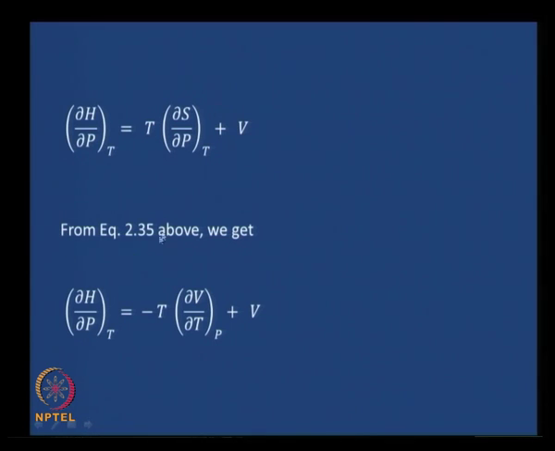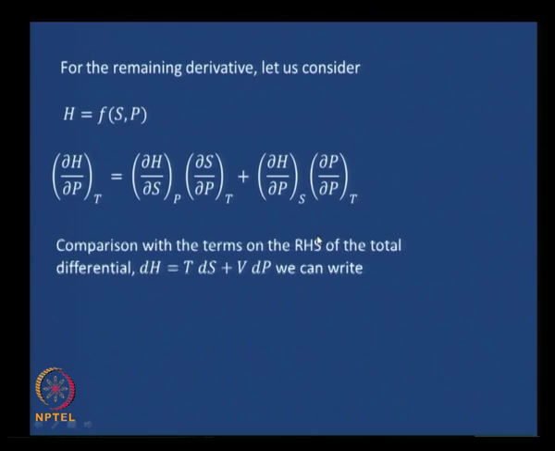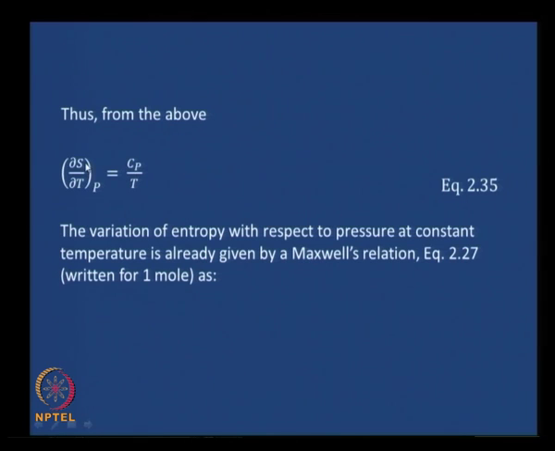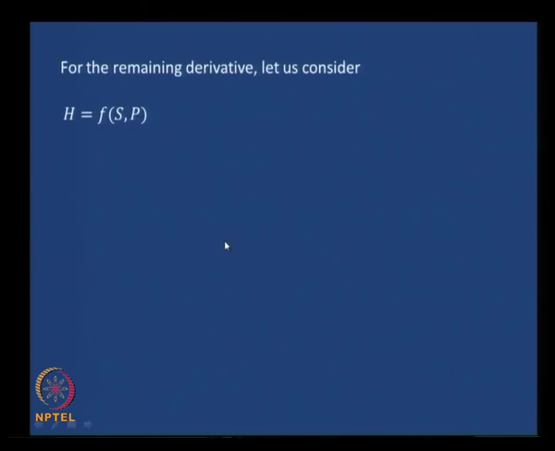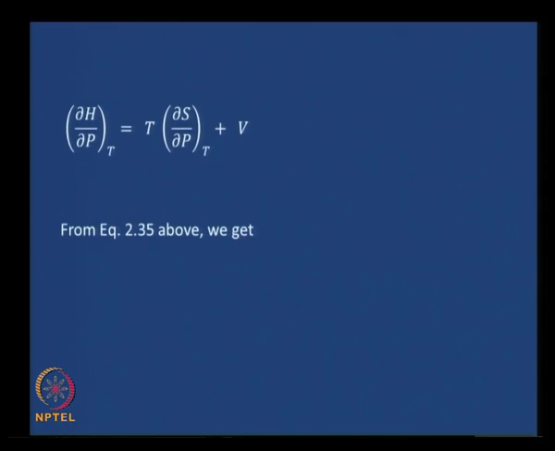But using the relationship for ∂S/∂T at constant P that we had given in equation 235 earlier, you can look at equation 235, we have numbered that, ∂S/∂T at constant P is Cp by T. We can write ∂H/∂P at constant T equals minus T ∂V/∂T at constant P plus V. This is the other relationship which brings ∂S/∂P at constant T in terms of V, T and P. We will call this equation 237.